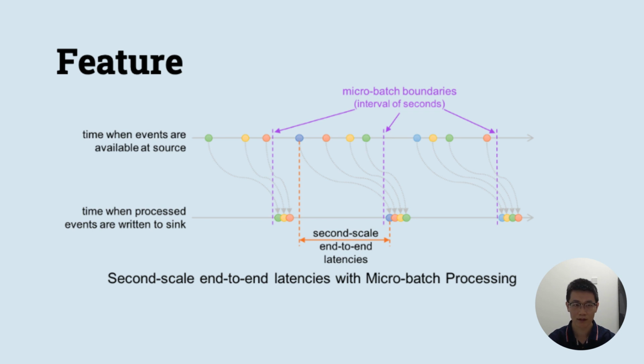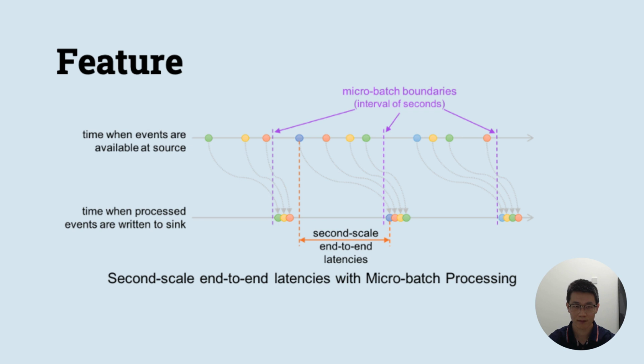The micro-batch mode in near real-time processing introduces a certain processing delay. If you look at the timeline on top, it shows the actual time events occur. And the solid line below represents where our processing engine handles the data. The micro-batch mode triggers processing at fixed intervals, as indicated by the purple dashed line.